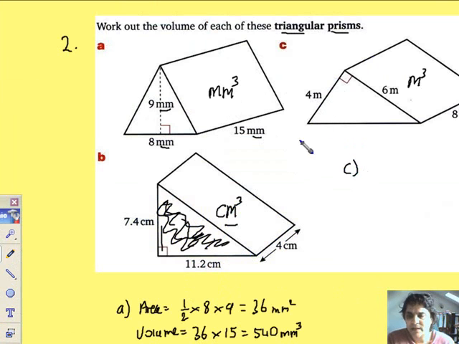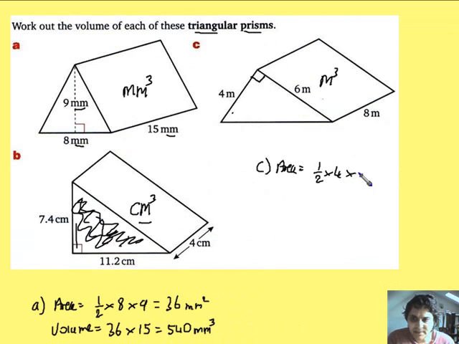So that's C. Now look, I know it's upside down and tricky. If that is a right angle, and it is, then that's the base and that's the height. If you can imagine it flipped over so that the 4 is like sitting along the bottom, just be careful. Base, height. So the area is going to be half times the base times the height. Obviously that 8 has got nothing to do with the height of the triangle. Here is the front face, and that 8 has got nothing to do with that whatsoever.